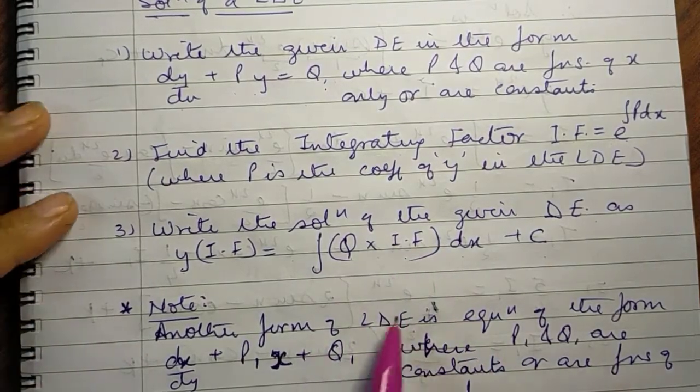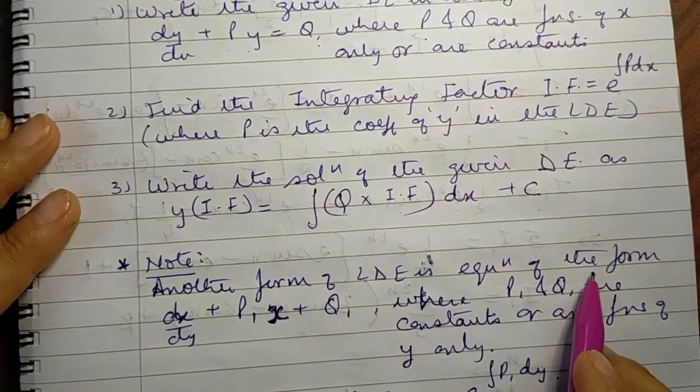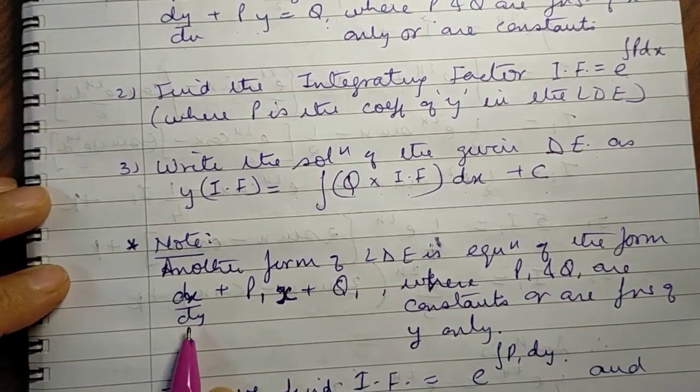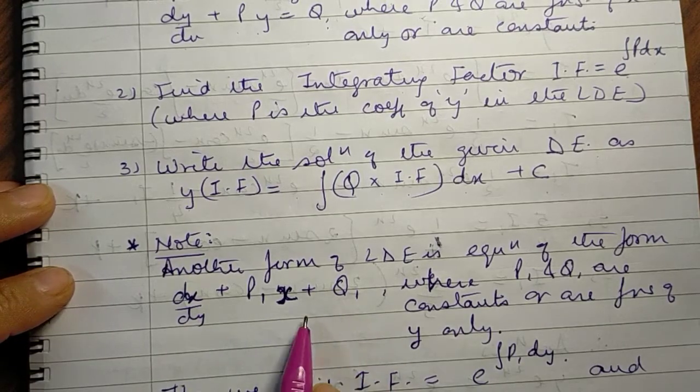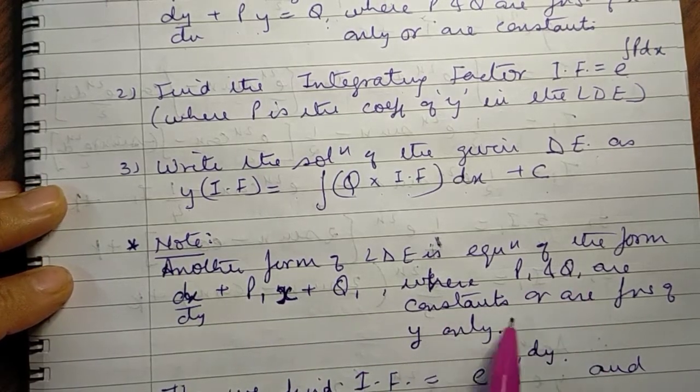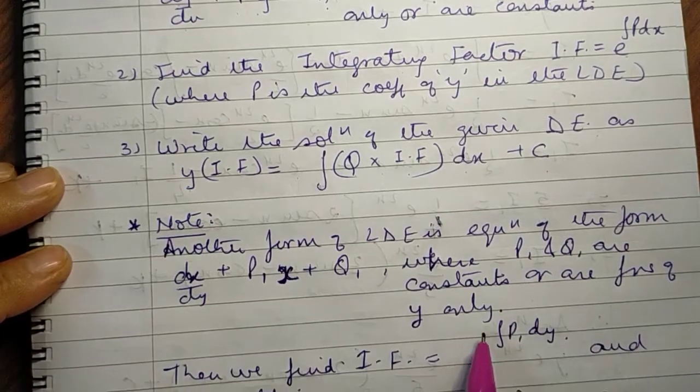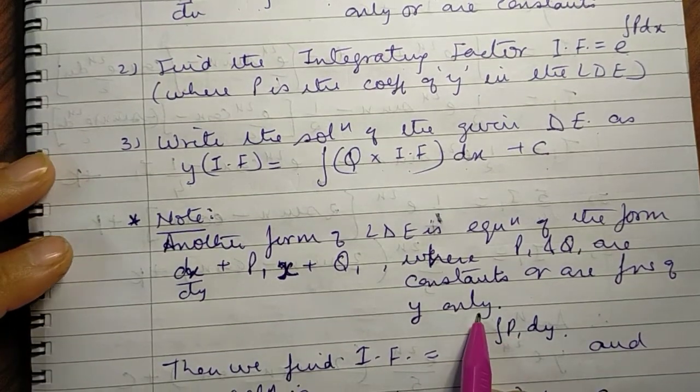Now another form of linear differential equation is the equation of the form dx by dy is equal to p1 x plus q1, where p1 and q1 are constants or are functions of y alone.